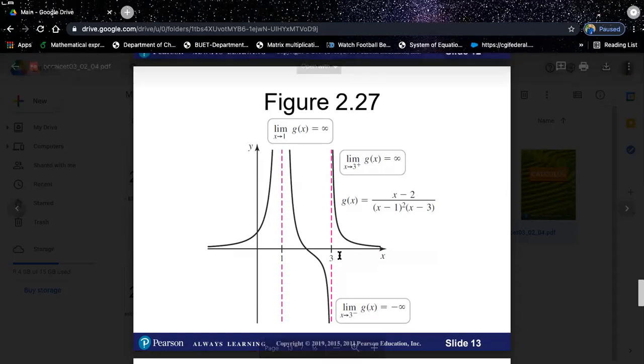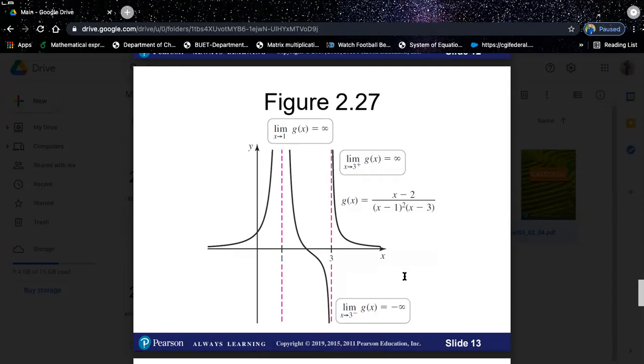Okay, let's see what happens at x equals 3. When you are approaching from the left towards 3, you can see the graph is going downwards, and it keeps going, and it's not touching, neither is it crossing that dashed line.